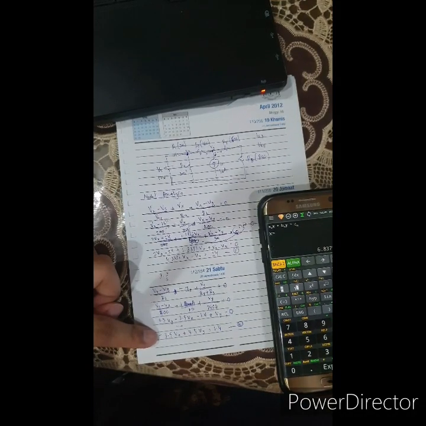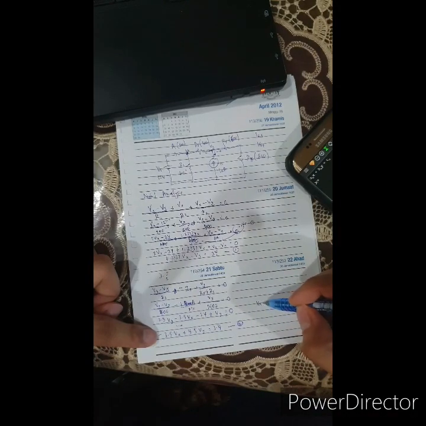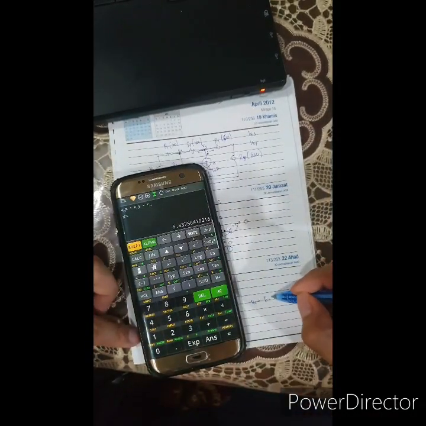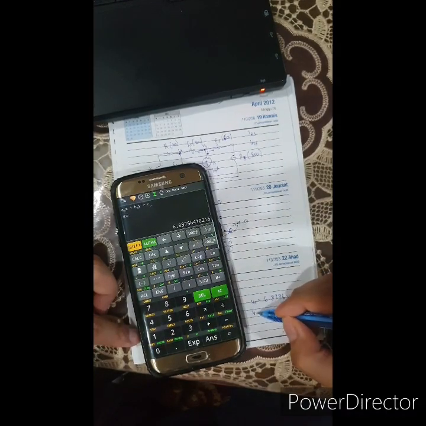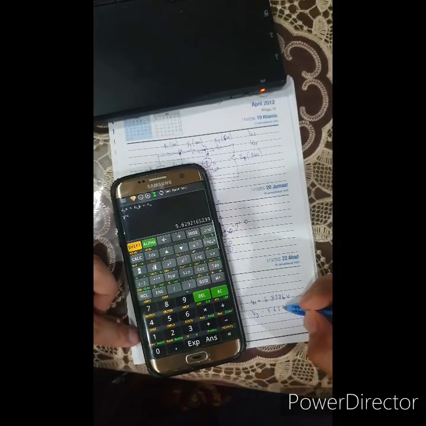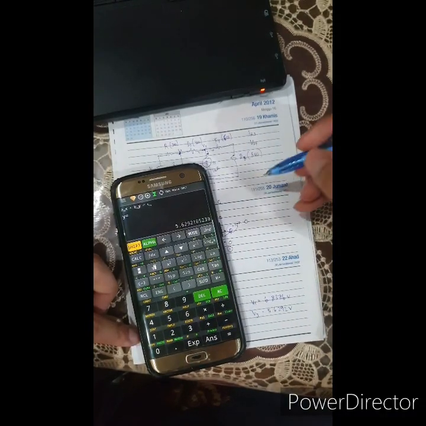So the answer should be, so itulah, Vx should be equals to 6.8376 volt, and Vy should be equals to 5.6292 volt.